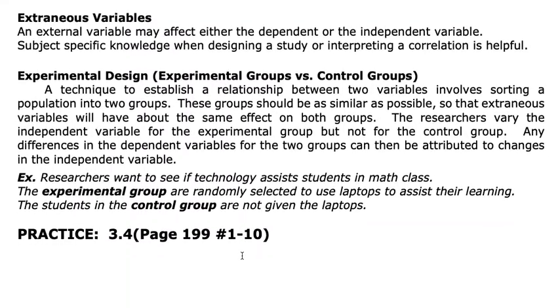So, some other things to consider. An extraneous variable. An external variable may affect either the dependent or independent variable. Subject-specific knowledge when designing a study or interpreting a correlation is helpful.